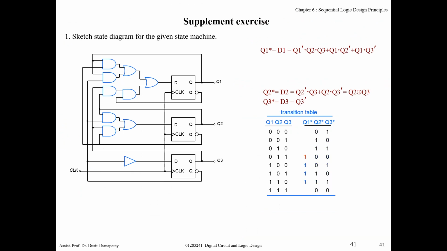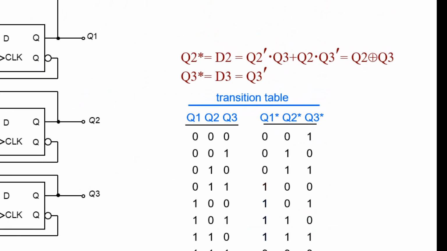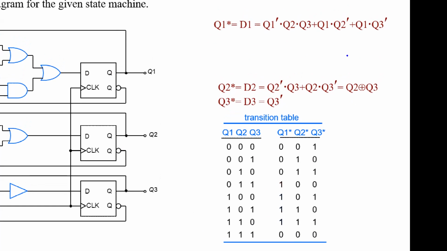Okay. When you fill, you just find, as I said, from the previous example. You just consider when the output is 1, based on the sum of product, right? For example, this term will be 1 when Q1 is 0, Q2 is 1, Q3 is 1, right?